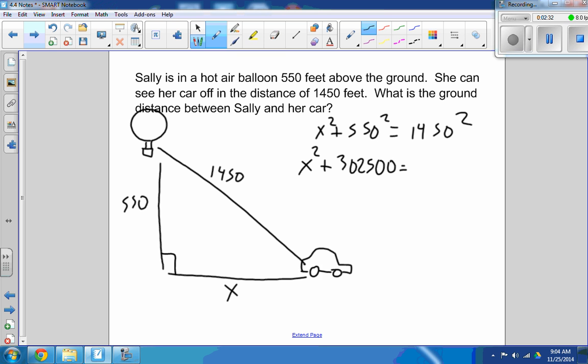That equals 1450 squared, which is 2,102,500. Subtracting, x squared is 1.8 million. So x is the square root of that.